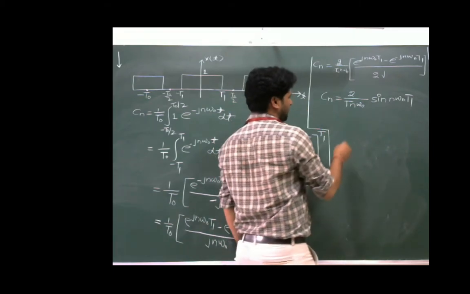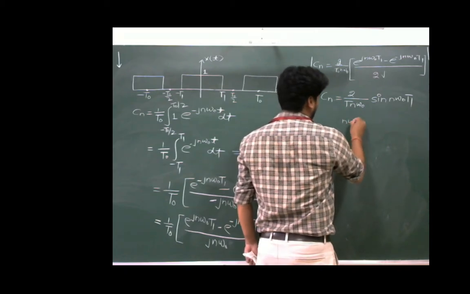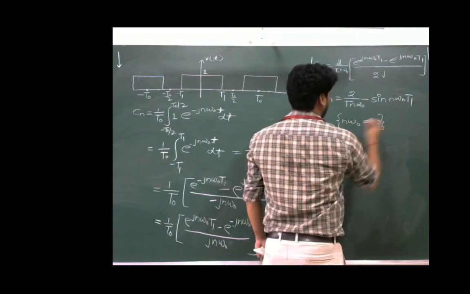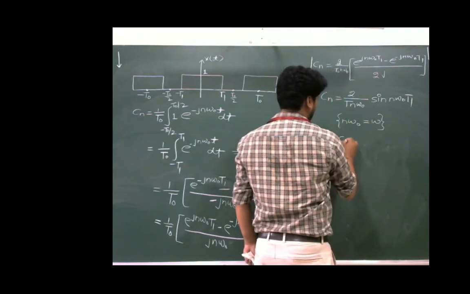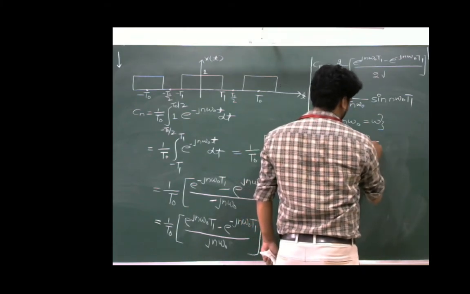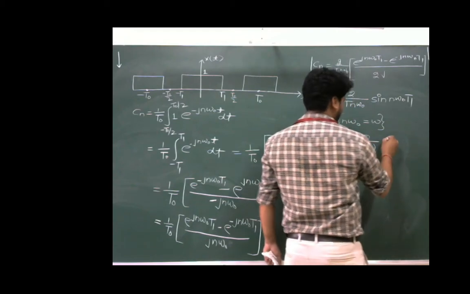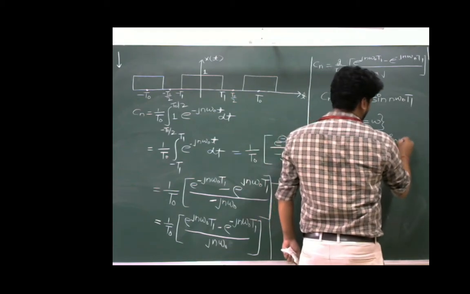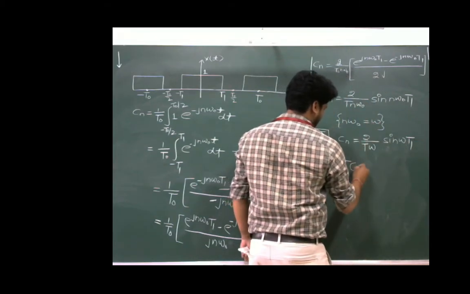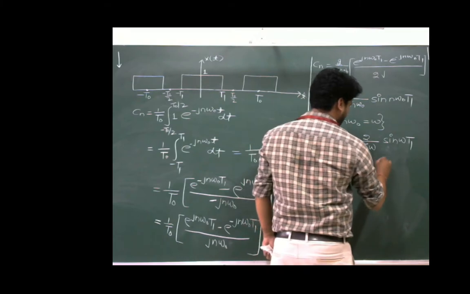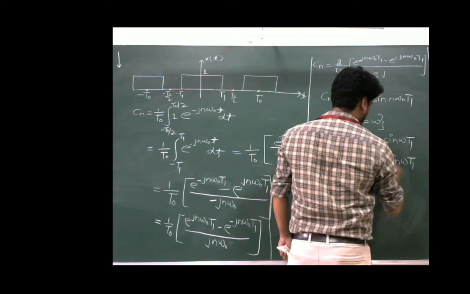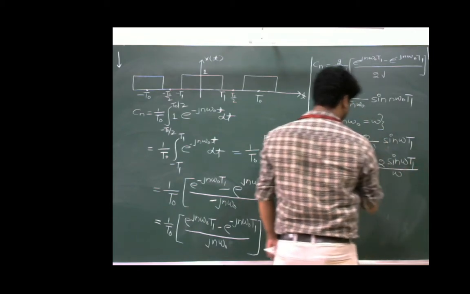And now if we consider this quantity n omega naught as a single omega, then we can write this equation as Cn is equal to 2 by t omega into sine of omega t1, or we can write as t times Cn is equal to 2 sine omega t1 upon omega.